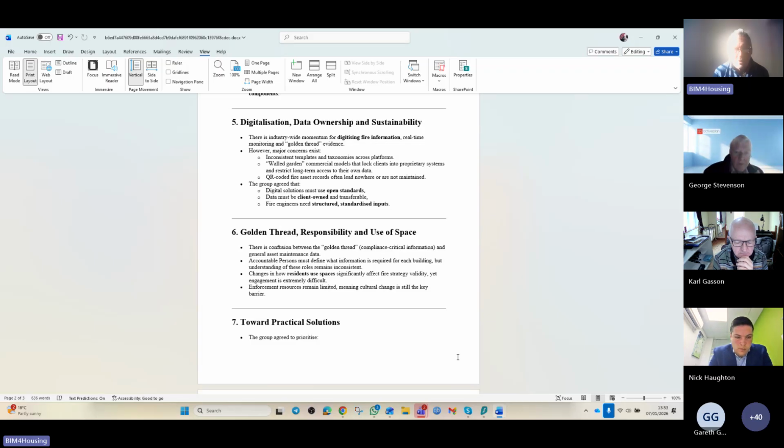Yeah, that happens quite a lot, doesn't it? QR-coded fire asset records often lead nowhere or are not maintained. The group agreed that digital solutions must be open standards, data must be client-owned and transferable, and fire engineers need structured, standardized inputs.